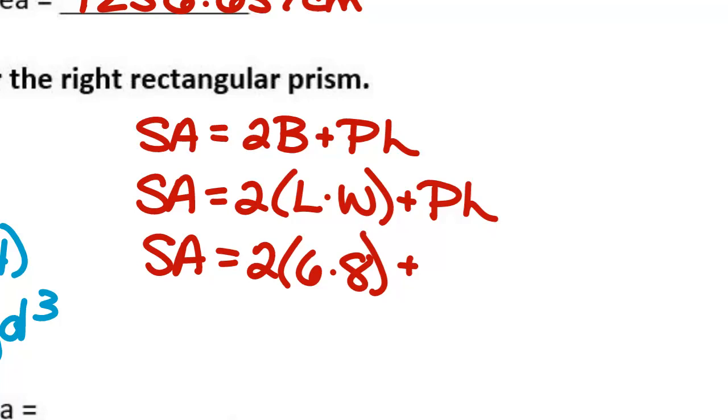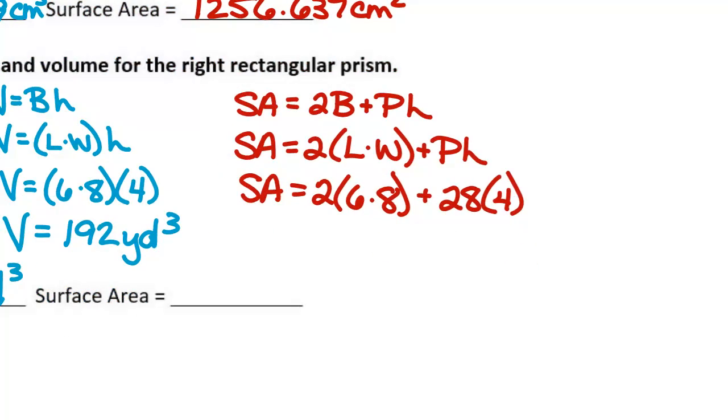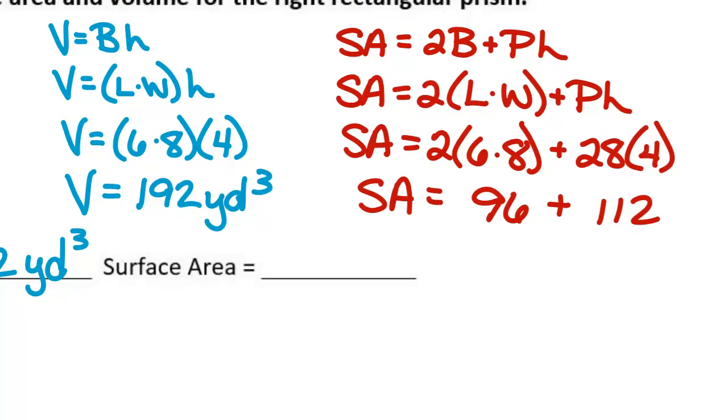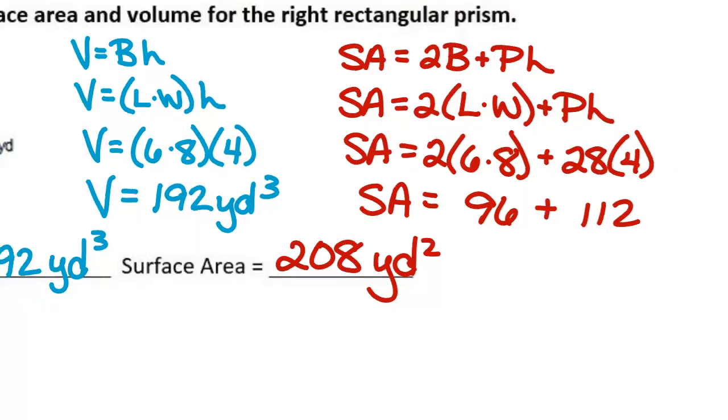Perimeter of the base would be 28 times the height, which is 4. The area of the bases is 96. The lateral area is 112, giving us a total surface area of 208 yards squared.